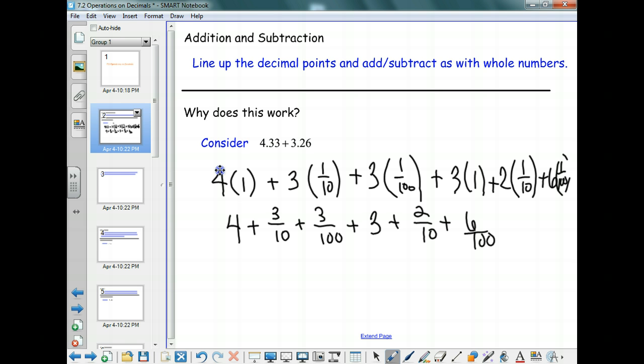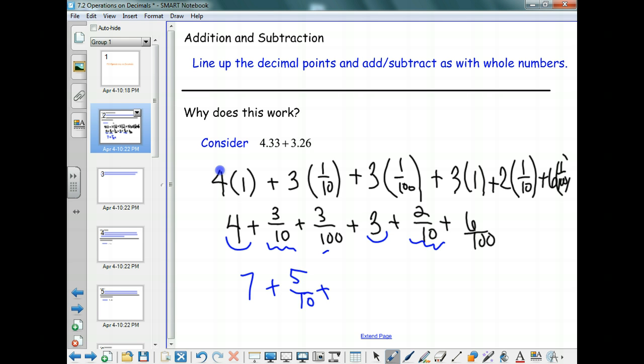So the reason this whole lining things up bit is going to work is because the fractions that you can combine easily are the ones that have the same denominators, right? So I can very easily combine the 4 and the 3 to get 7. I can easily combine 3/10 and 2/10 because they have common denominators to get 5/10.